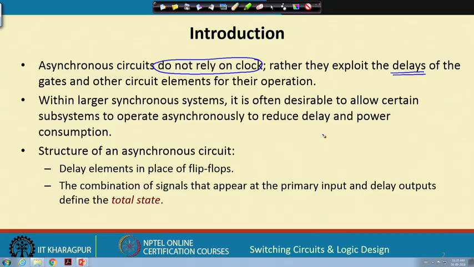One asynchronous circuit element you have already seen without explicitly knowing about it. Think of a 1-bit latch. A 1-bit latch you can implement using cross coupled NAND gates or cross coupled NOR gates, both ways you can implement.